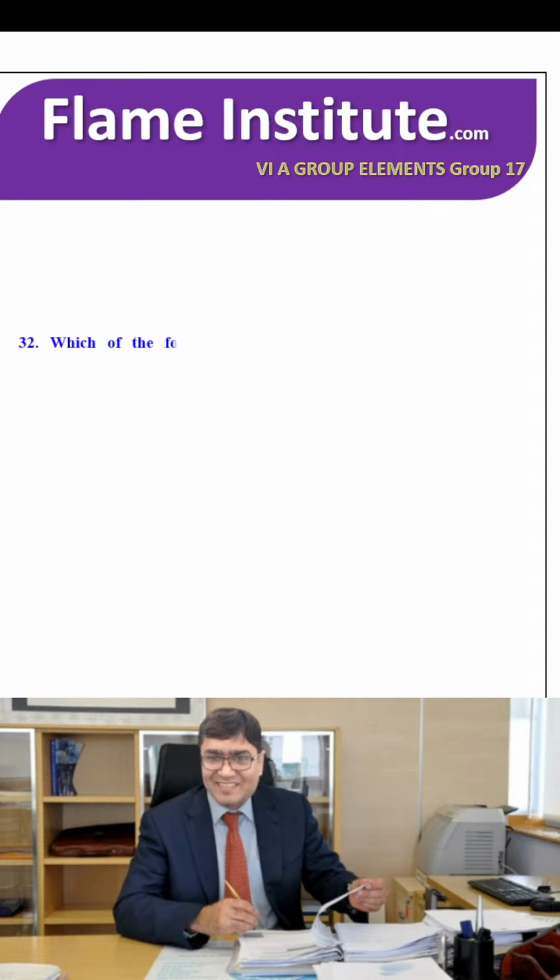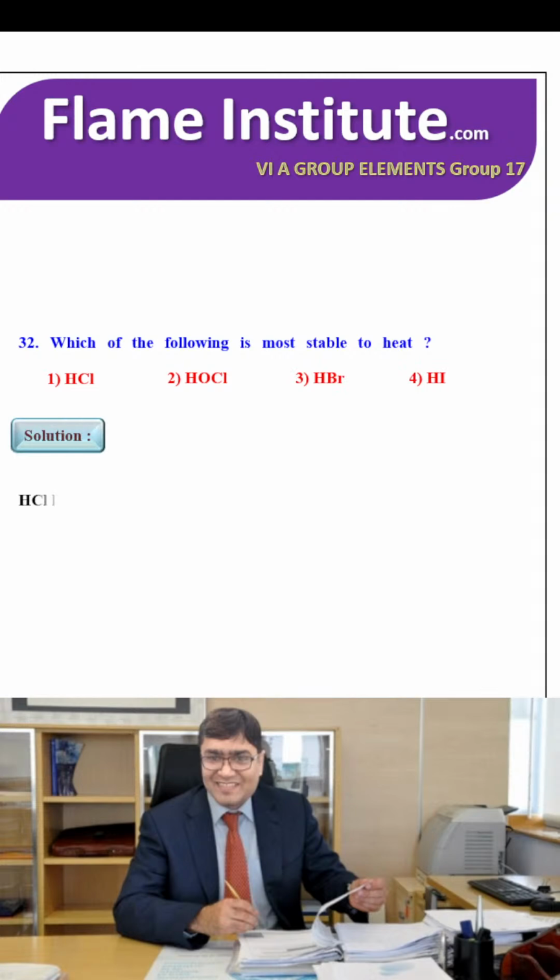Which of the following is most stable to heat? HCl, HOCl, HBr, or HI. The right option is HCl. HCl has more bond energy, so HCl is more stable to heat. So the first option is the right option.